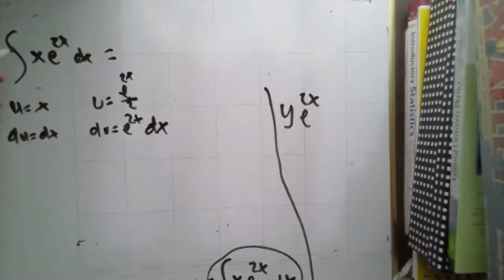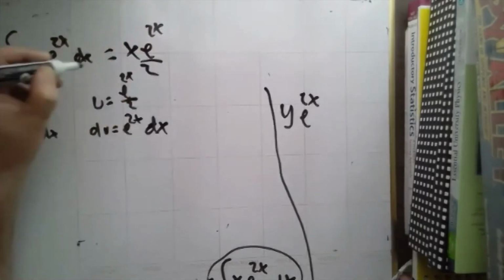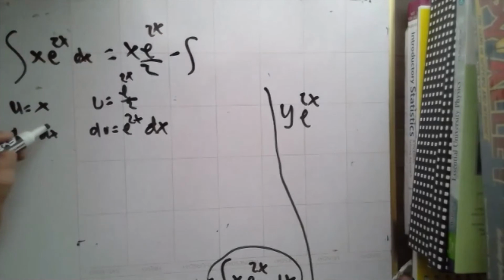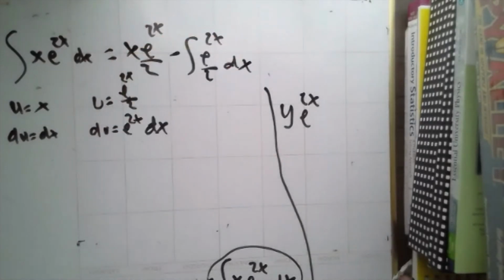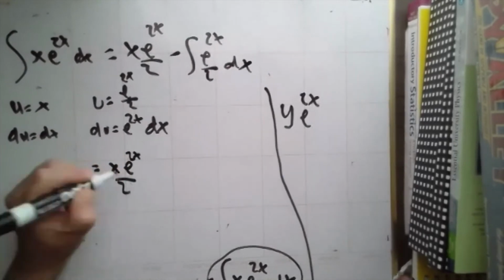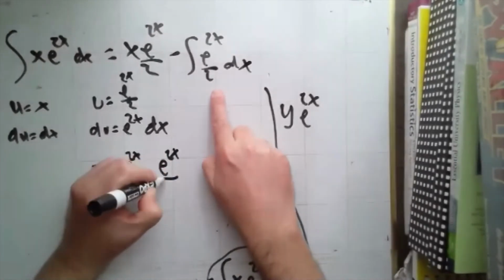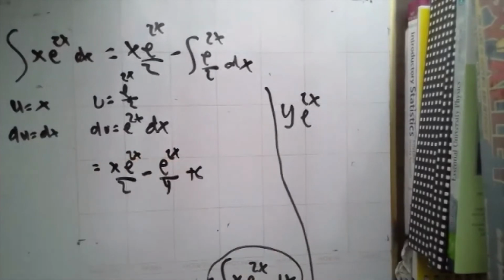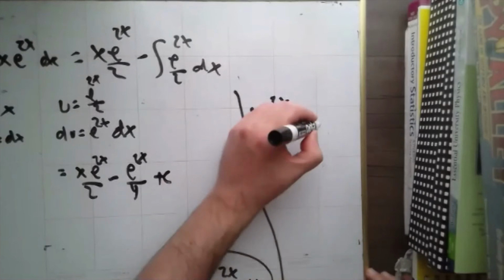So this will be u times v minus the antiderivative of v du: e to the 2x over 2 dx, which will be x e to the 2x over 2 minus, and then we'll pick up an extra 2 on the bottom, e to the 2x over 4 plus c. That's where we finally get our plus c. All right, so that was our right side.